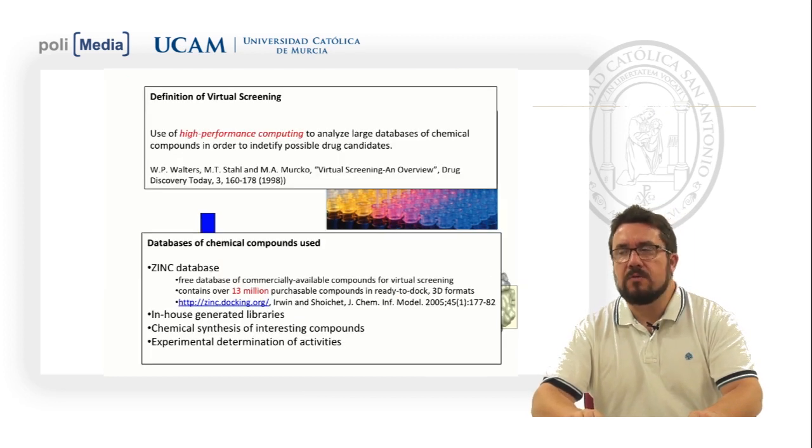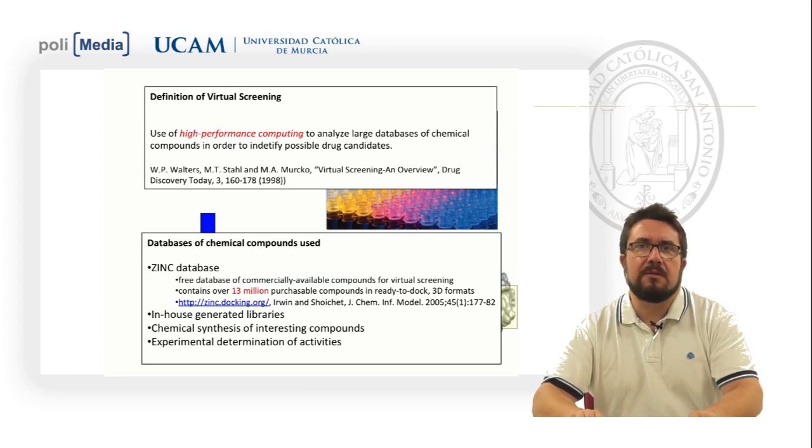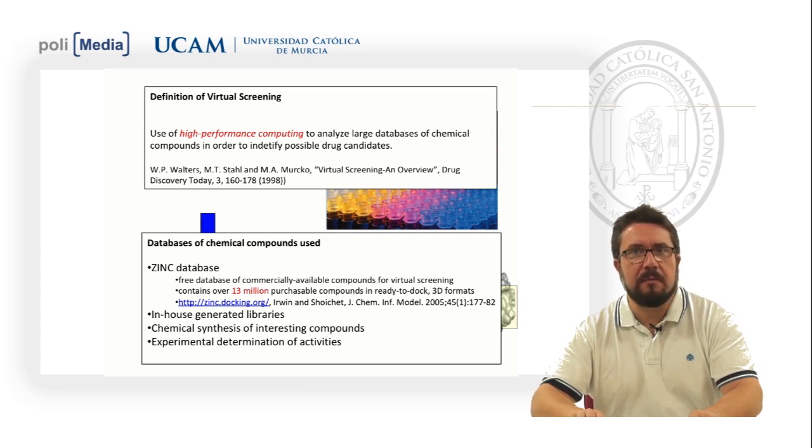It is very important to say here that this method, usually called virtual screening, can process many kinds of libraries. Here we have some details about the libraries commonly used for such an approach. We can have, for instance, public libraries such as the Zinc database, which contains millions and millions of commercial compounds, but we can also process in-house generated libraries, chemical synthesis of interesting compounds, or another kind of libraries.